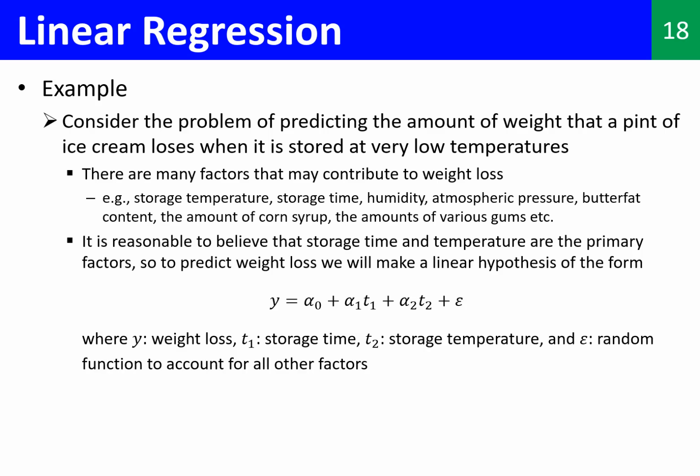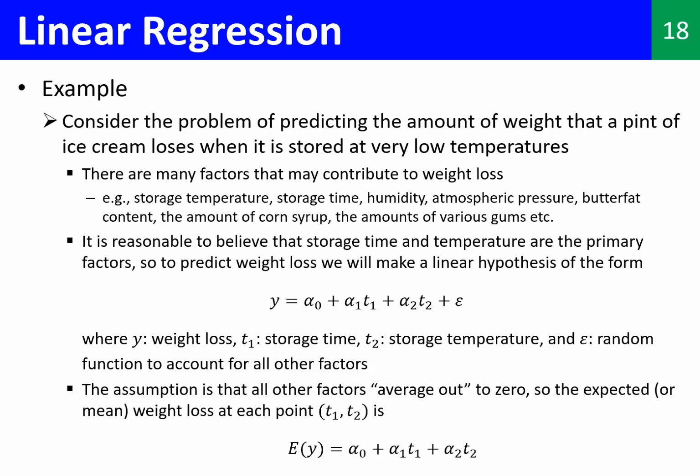However, we have recognized that temperature and storage time are the primary factors for weight loss, and the remaining factors would average out to 0. Alright, so we are going to describe this system with a function like this, where we have two main factors t1 and t2, and we need to find out alpha naught, alpha 1 and alpha 2.